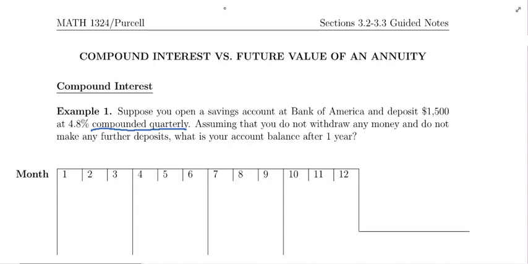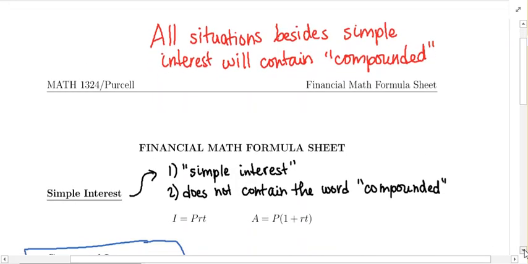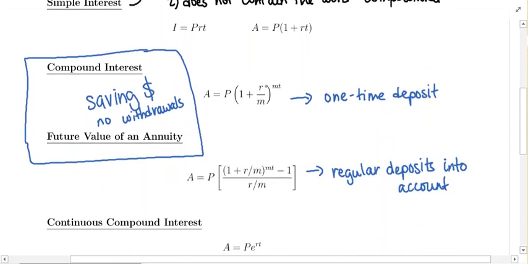If you go back to when I introduced you to the compound interest formula, A equals P times 1 plus r over m, raised to the mt power, you want to use this formula if you are saving money, it's a one-time deposit that you put into the account, and you don't make any withdrawals.